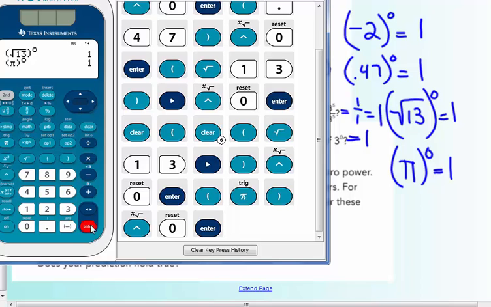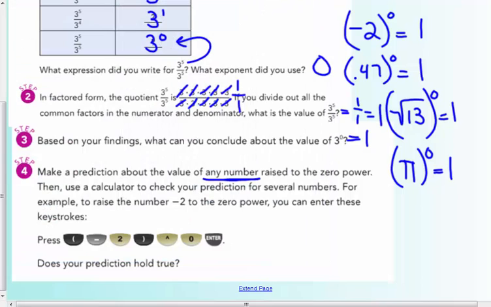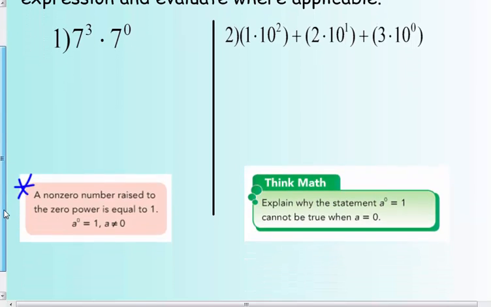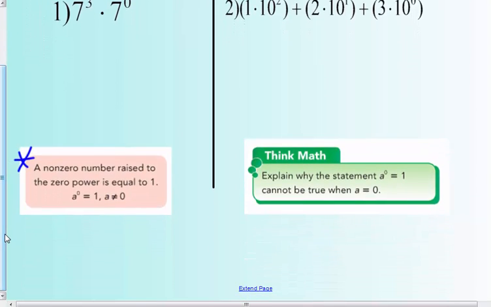Let's think about that. Let's go back to our notes. Examples for your spiral: simplify each expression and evaluate where applicable. Well, there's an important note down here. A non-zero number.